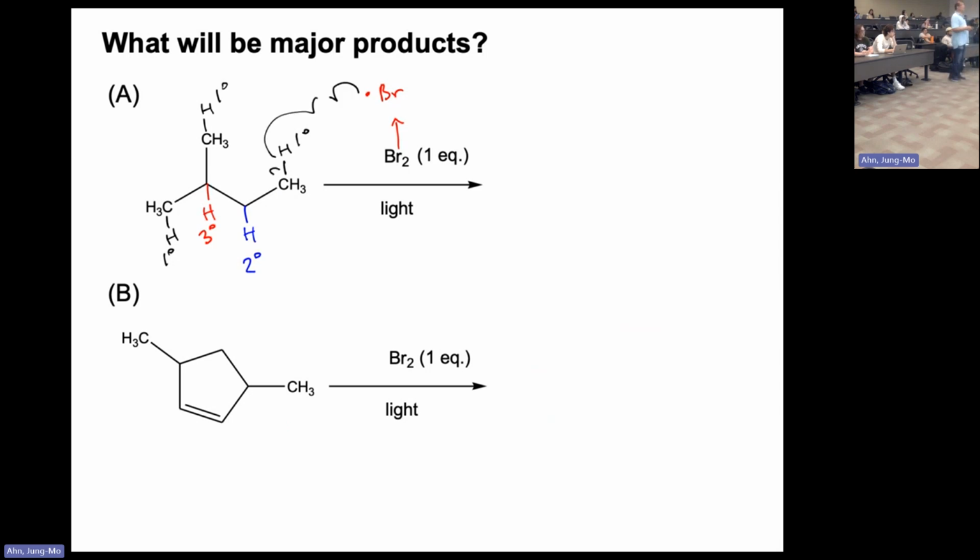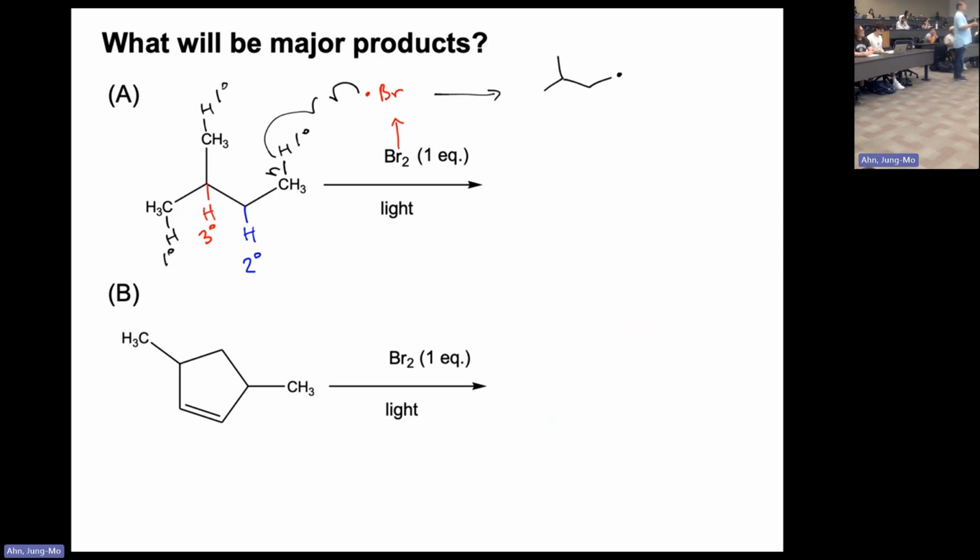So let's do it one by one. Let's say these hydrogens are pulled out by the bromine. So with the fishhook arrow, one electron comes in, one electron of this electron pair comes out, so they make HBr. But the one electron remaining goes to the carbon, and that makes this radical.